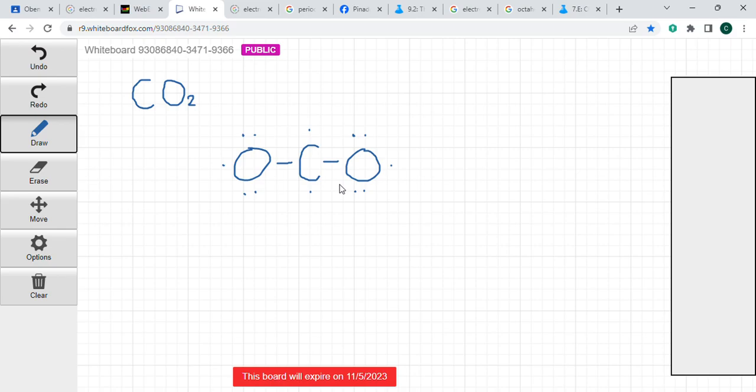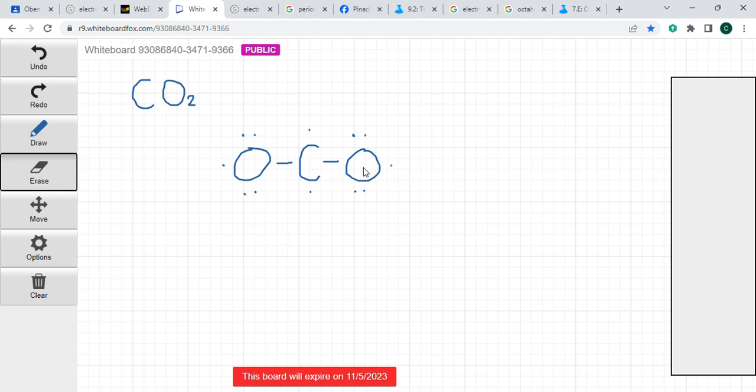For carbon, 2, 4, 6 only, so it doesn't follow the octet rule. For oxygen, 2, 4, 6, 7 only. So the oxygen atoms do not follow the octet rule either. So what do we do?